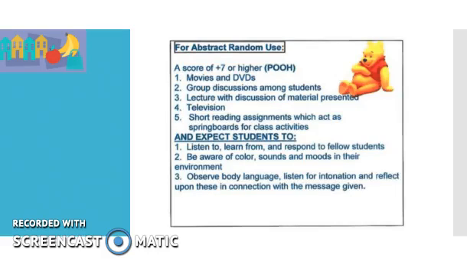On the other side, we have abstract random students. These are students who scored 7 or higher. They're Poohs. Actually, none of the students in this class scored a 7 or higher or a -7 or lower.